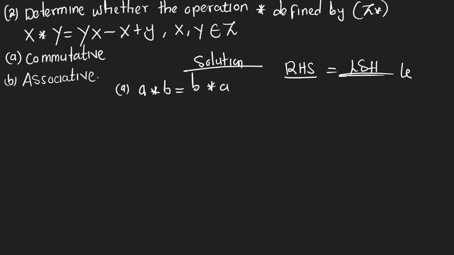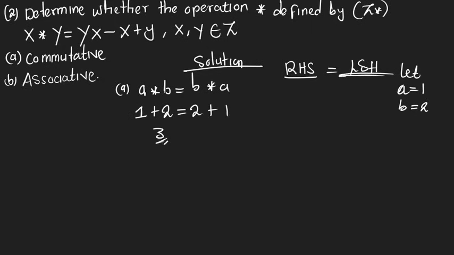So if we let A equal to 1, B equal to 2, then if the operation star is a plus, we are simply going to say 1 plus 2 is equal to 2 plus 1.